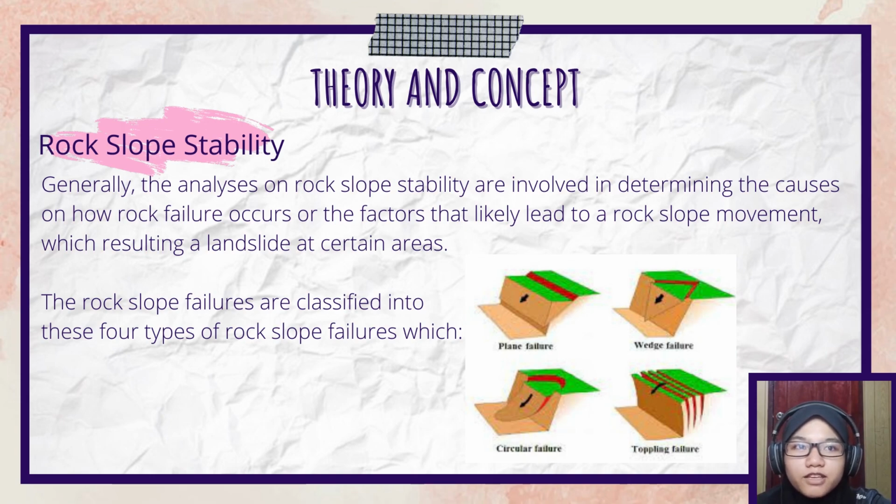Third is toppling failures, which involve columns of rock whose discontinuities align steeply into the rock slope surface. And lastly, circular failures occur when the rock masses are highly composed of material with low intact strength.